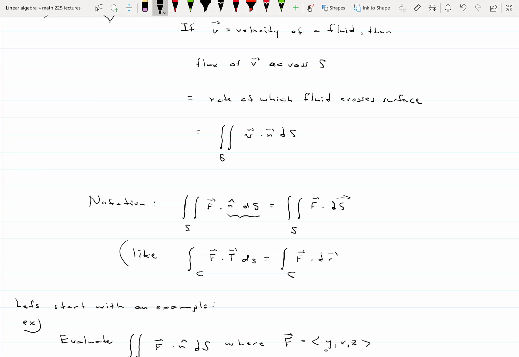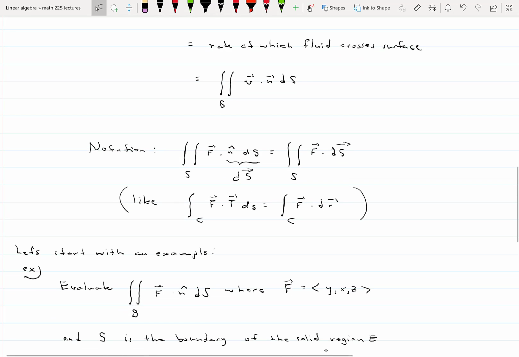So n dS is referred to as the differential of the vector S. It's similar to line integrals, where the work integral F dot T ds can be written in shorthand as F dot dr.